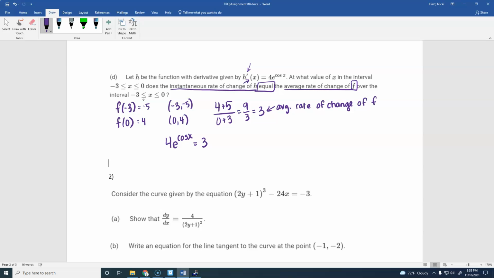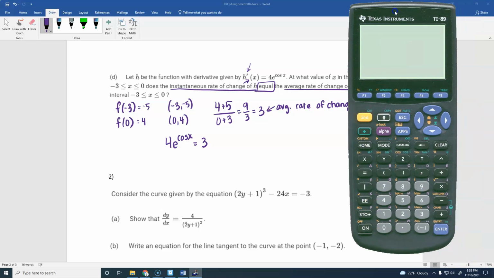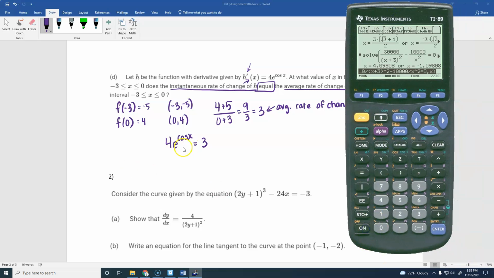You can solve this part of the way, at least, by hand if you want, but we can use the calculator. I think on the key I did solve it, but let's just do it with the calculator here. So to solve this, we're going to do F2, solve, and we'll just type it in: 4e to the cosine x.